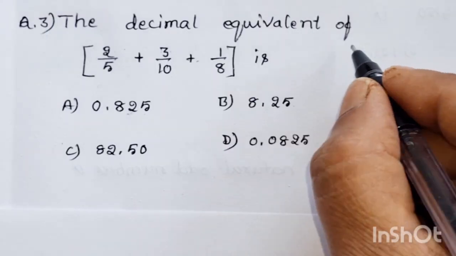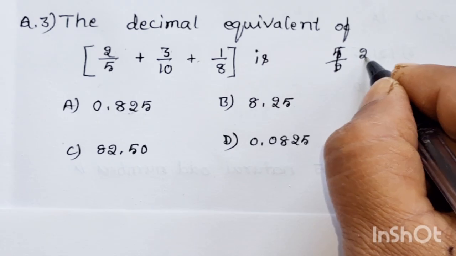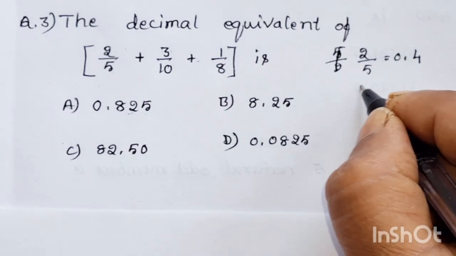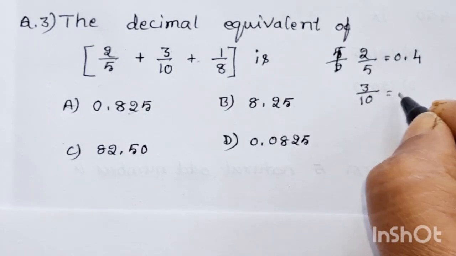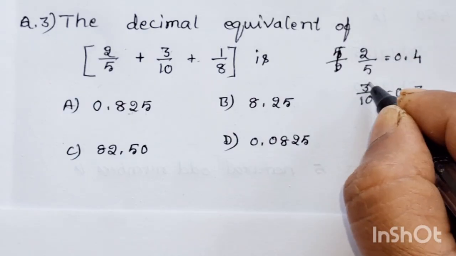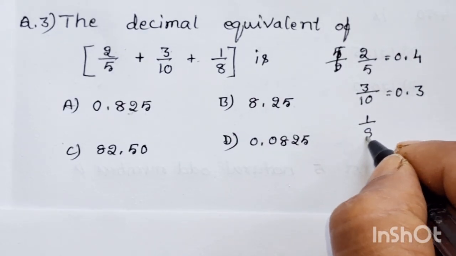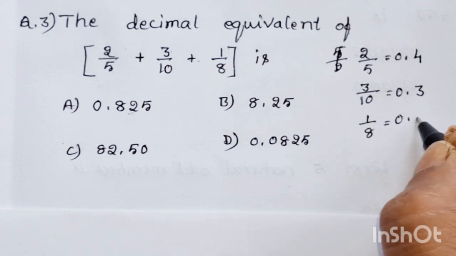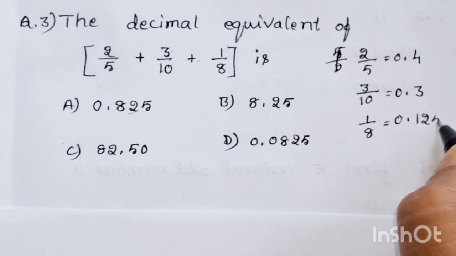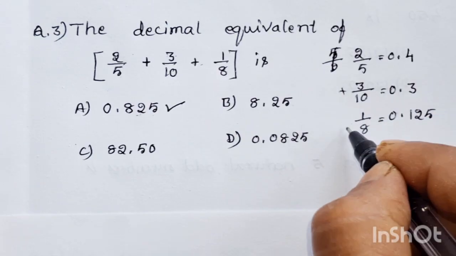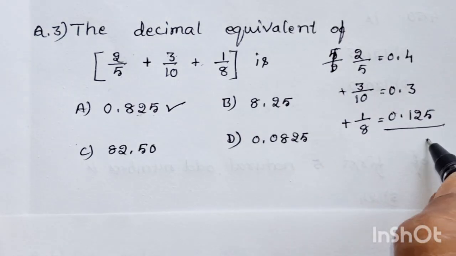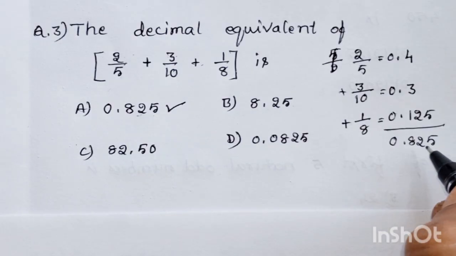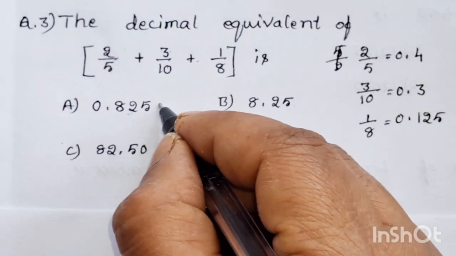So we convert each term into its decimal equivalent, then we add them all. 2 by 5 is equal to 0.4, 3 by 10 becomes 0.3 and 1 by 8 is 0.125. By adding all of them, we get 0.825. That means the correct option is A, 0.825.